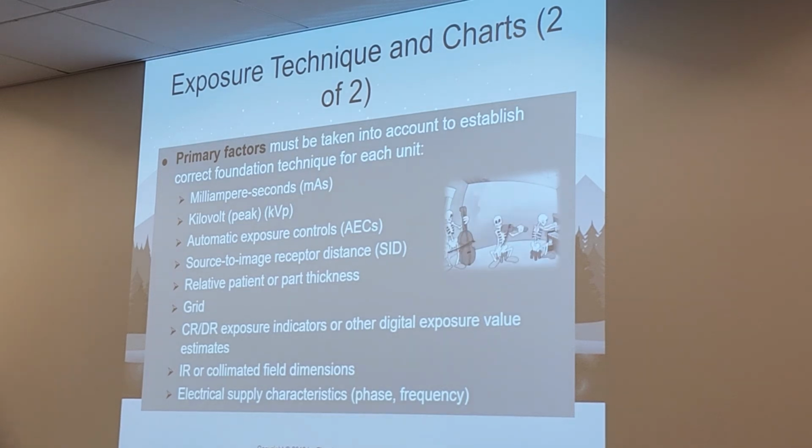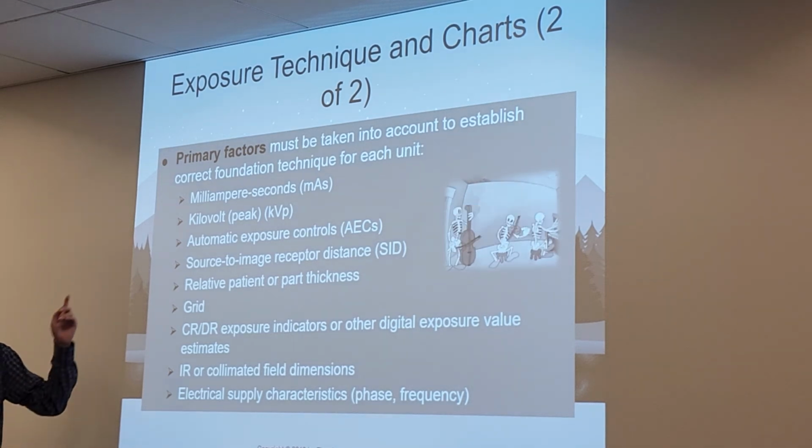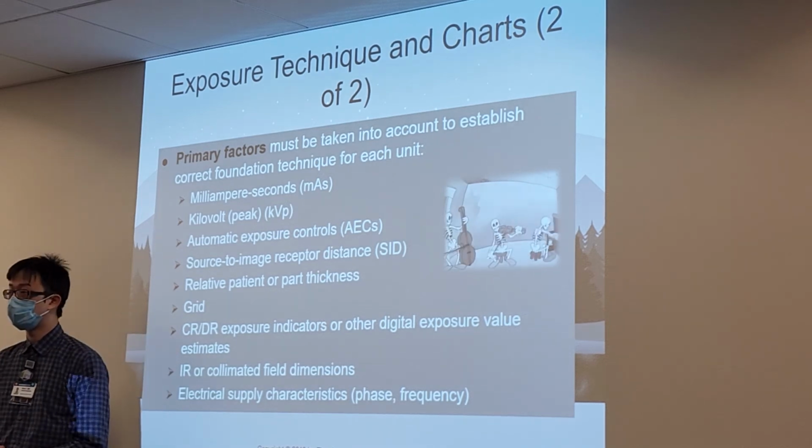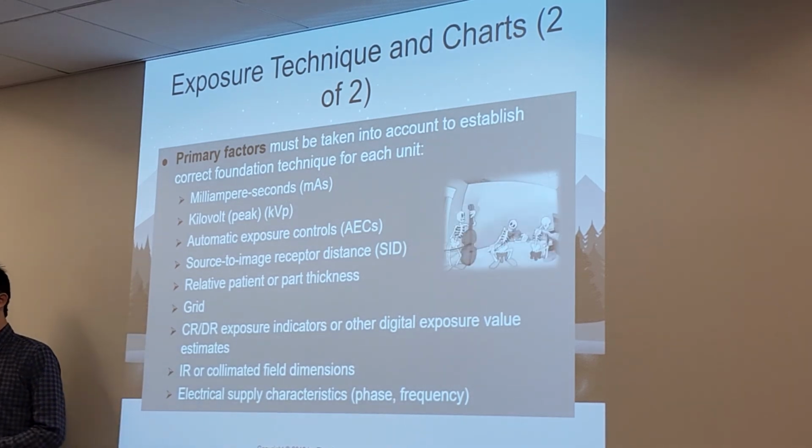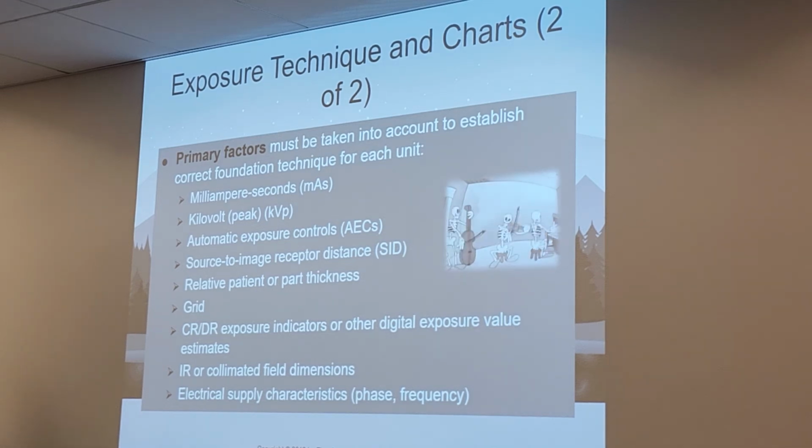We have CR or DR exposure indicators, or other digital exposure value estimates. We have the IR, the image receptor, or our collimated field dimensions, like the size of our light. We have electrical supply characteristics, phase, frequency, things that are determined by the generator being used.